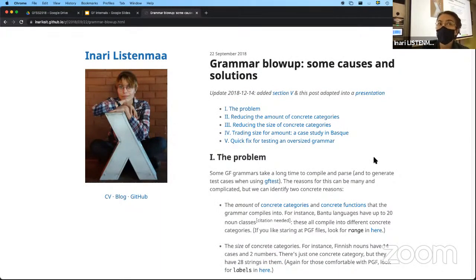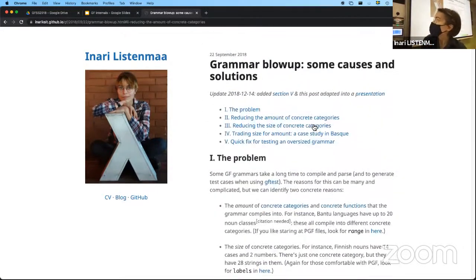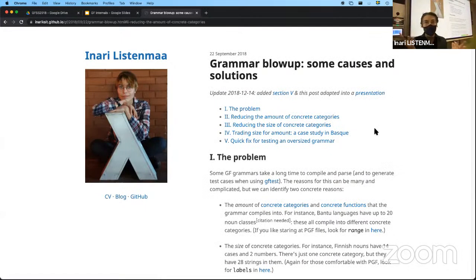Here I talk about these features. Basically, we can have blow-up because of the number of concrete categories, which happens if you have lots of inherent parameters that are big and interact with each other.